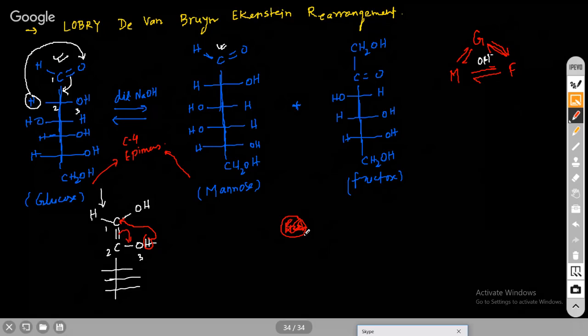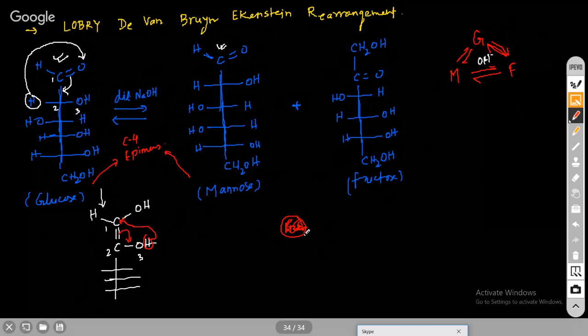Understood? If you take a strong one, then whether it is aldehyde or ketone, it will get oxidized into acid, right? Then we are not able to differentiate whether the molecule was aldehyde or ketone. Now, to differentiate glucose and fructose, we usually use a weak oxidizing agent like bromine water. Okay, so that's the one point to write down.